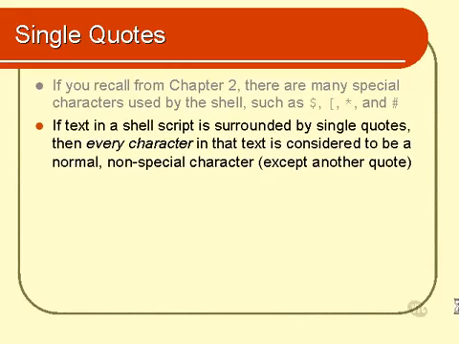In other words, all the special characters lose their meanings, including spaces. The only exception to that rule is another single quote, and the reason for that is the parser that's reading over the script has to know where the set of single quotes ends.